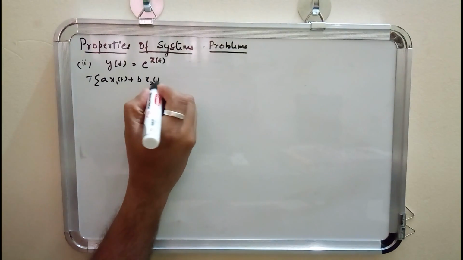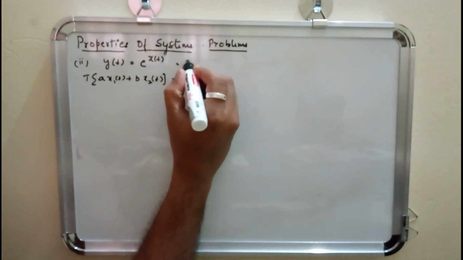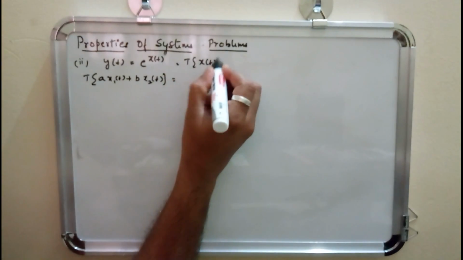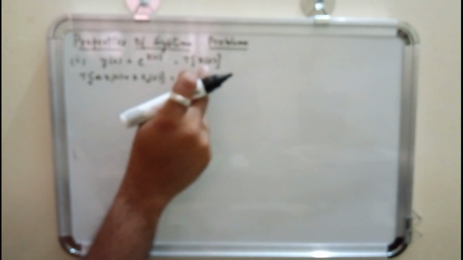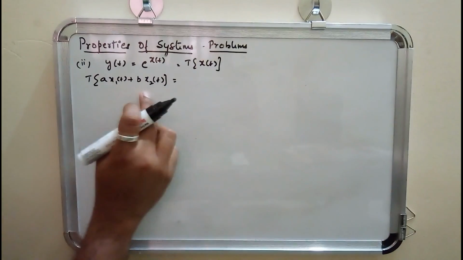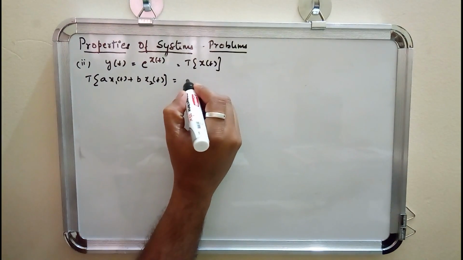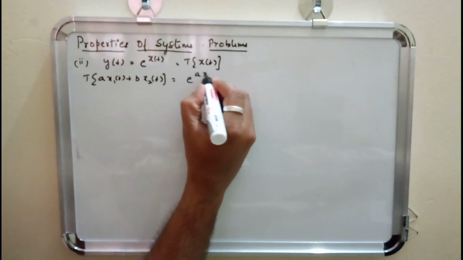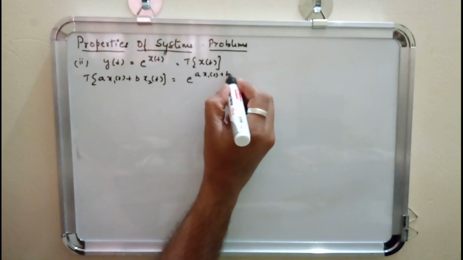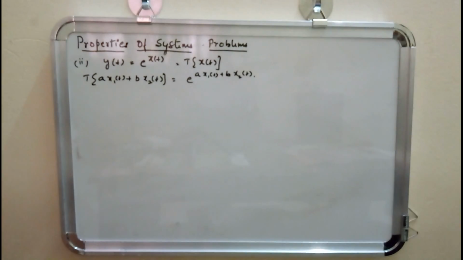This can be represented as a transformation on x of t, where the input is getting raised to the power e. So if I give a weighted sum of two or more signals, in this case two signals, then x of t must be replaced by that value. So it is e power a into x1 of t plus b into x2 of t.